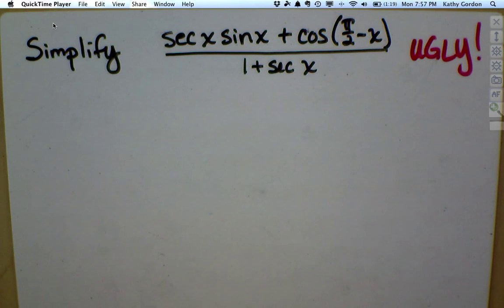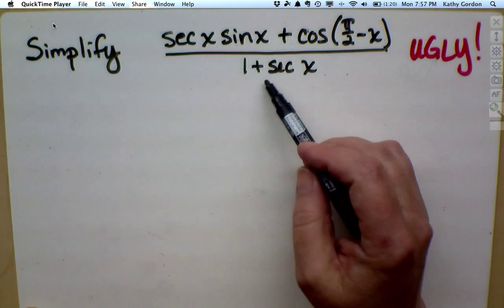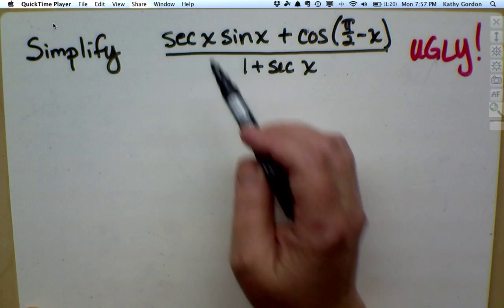So where would we start? Do you see anything algebraic that you think would help? Do you see anything in your identities that you think would help? What you cannot do is cancel out the secants.